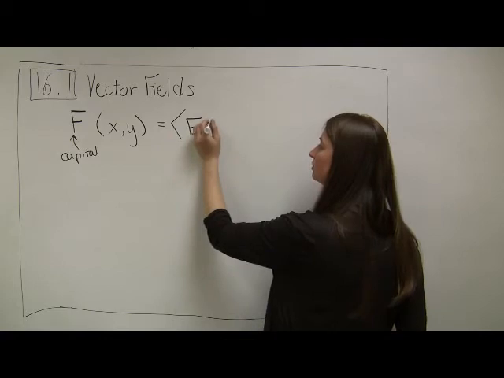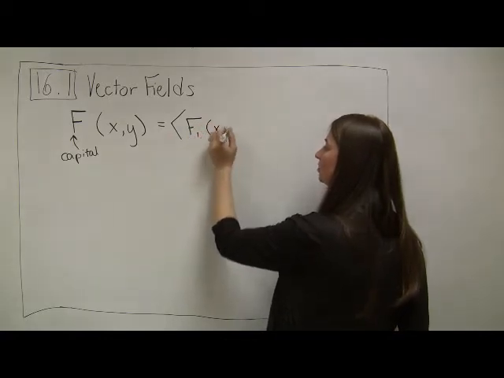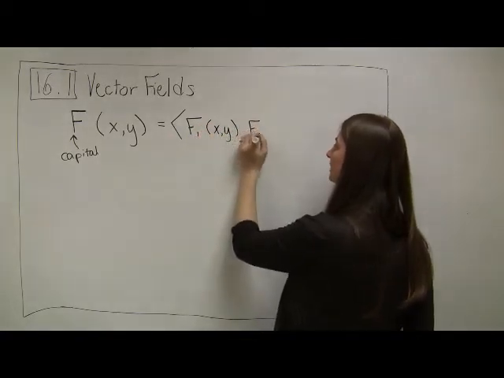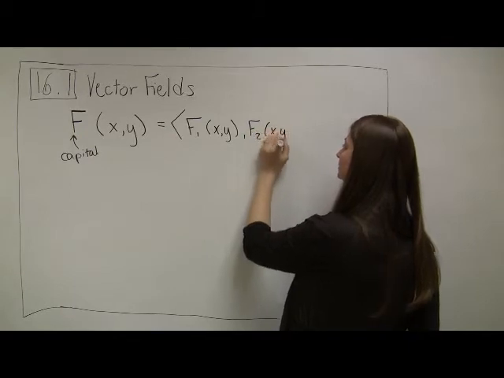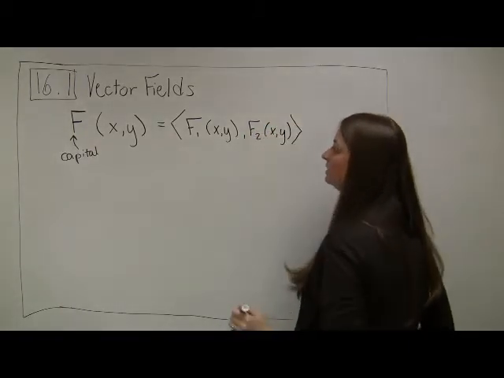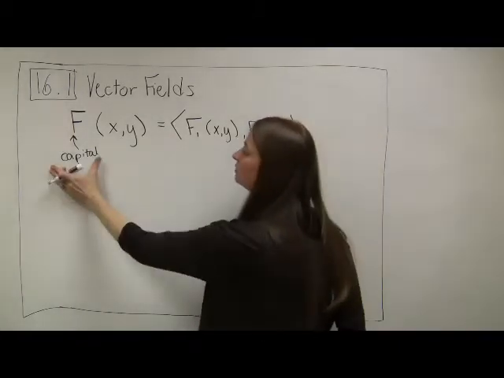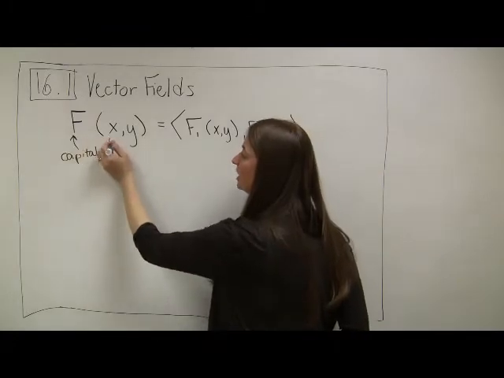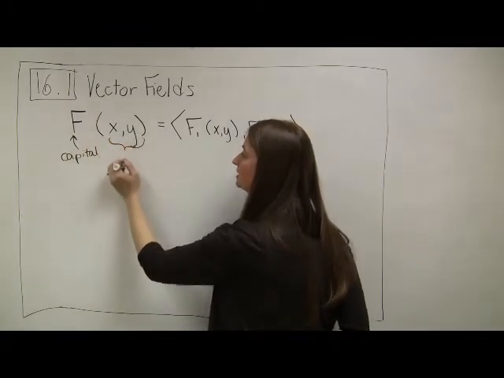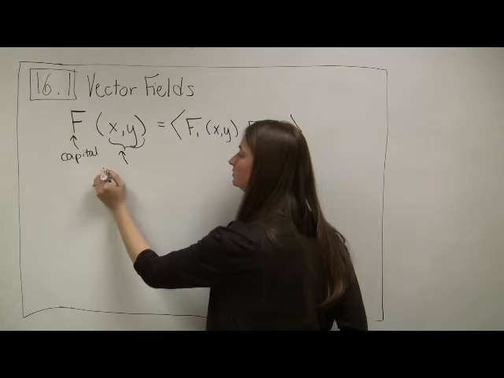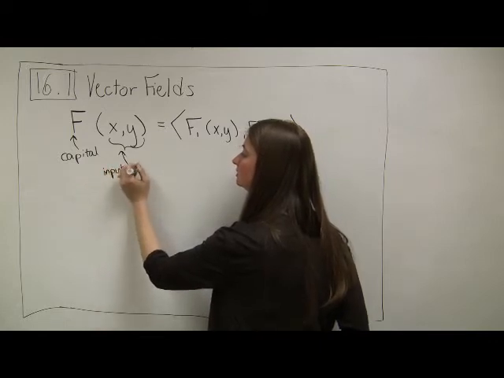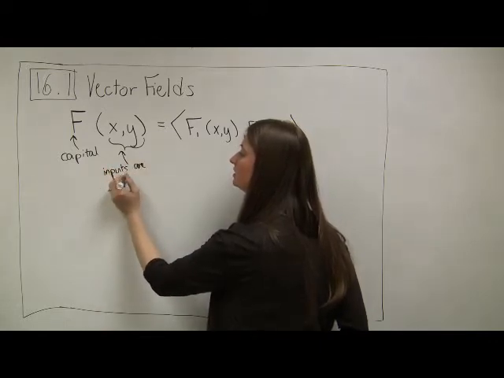I'll write the formal notation and then I'll explain what this formal notation is even talking about. So here we have a capital F representing the function. We see that our inputs in this case are points in R2. That's important to point out.